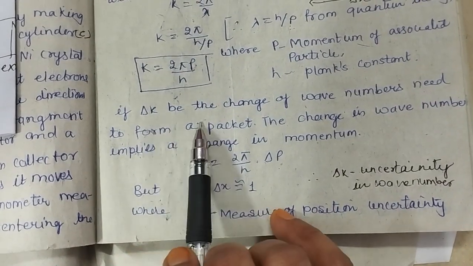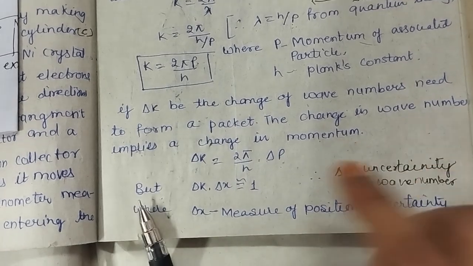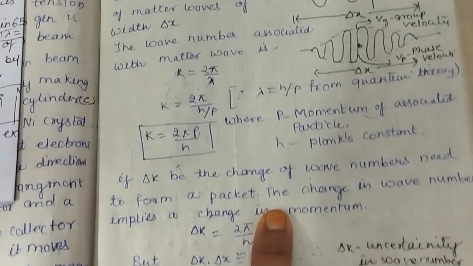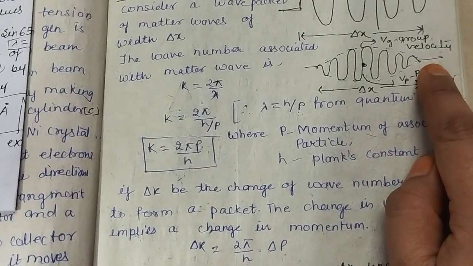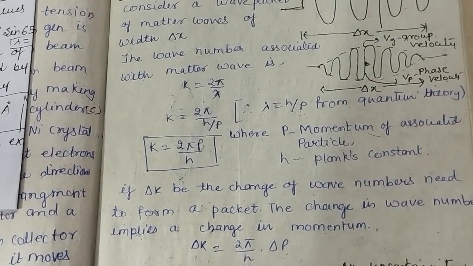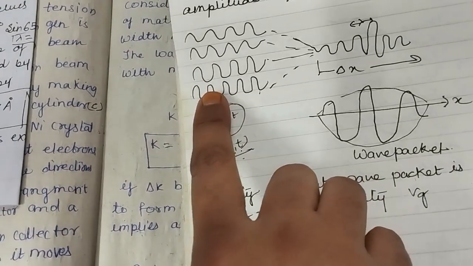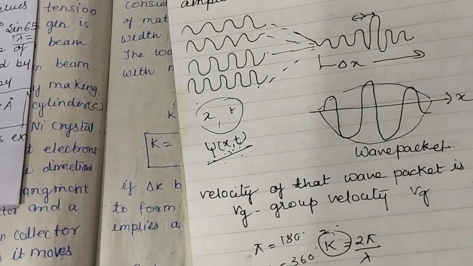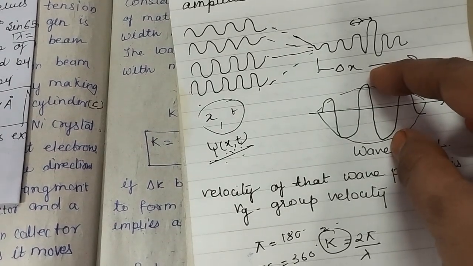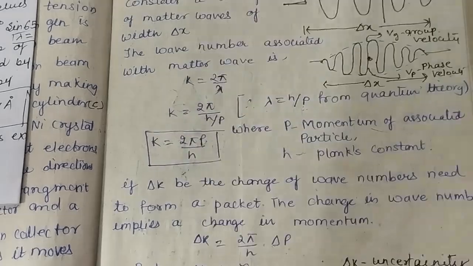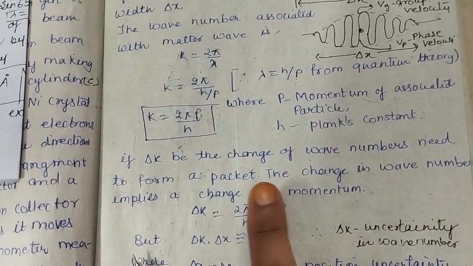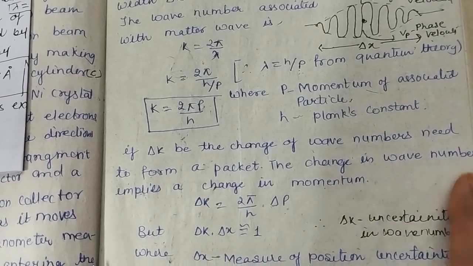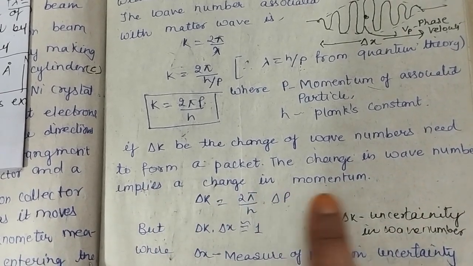If delta k is a small change in wave number needed to form a packet, then to form this packet there is a small change. We group waves of the same amplitude and slightly different velocity all together. If delta k is the change of wave number needed to form a packet, the change in wave number implies the change in momentum.